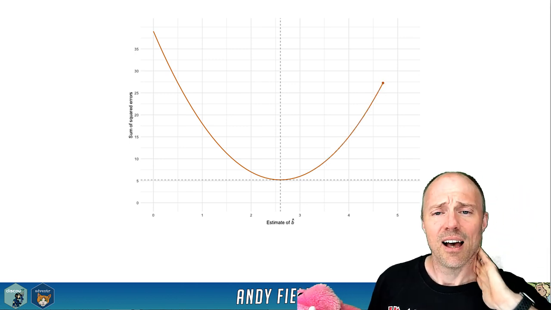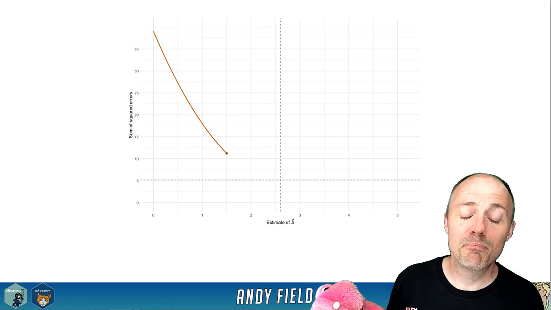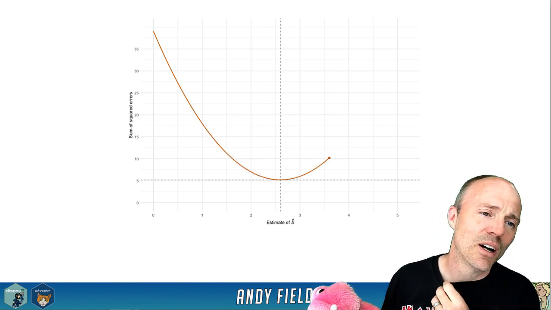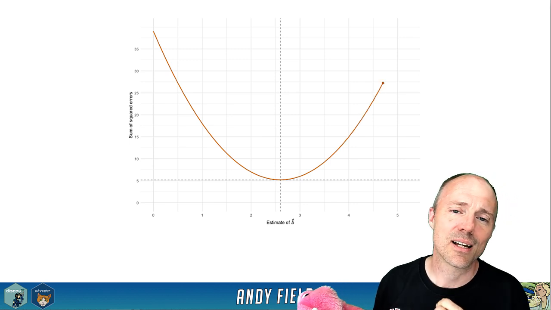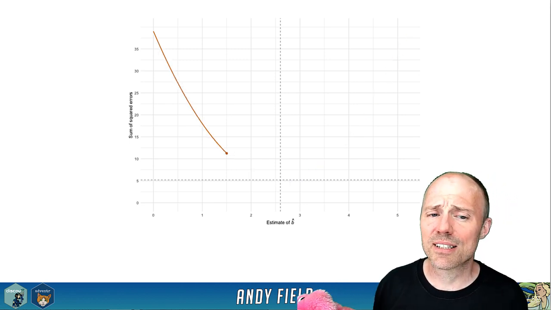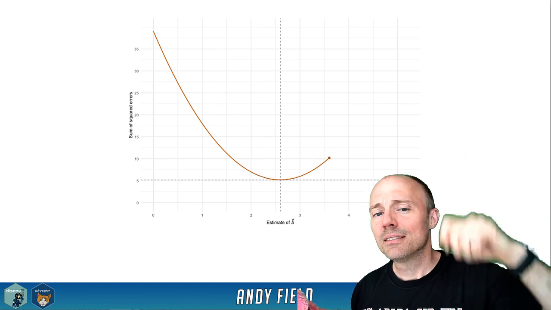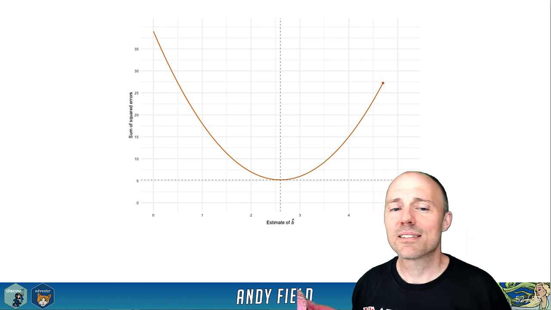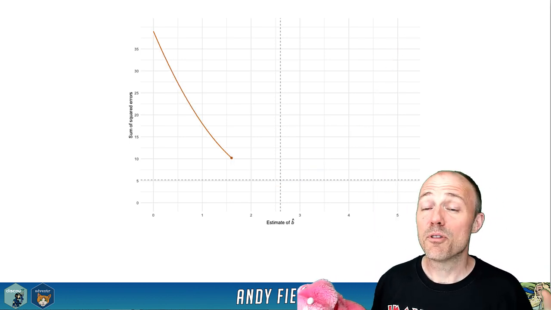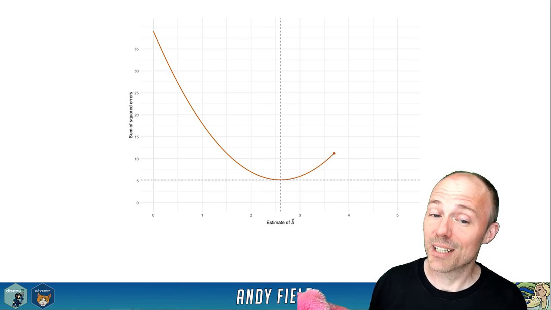This is a curve being drawn of every estimate of beta going from 0 up to 5, and on the y-axis it's telling us the sum of squared error. And as you can see, it has a characteristic curve. It basically curves down, reaches a minimum value, and then the error starts to come up again. So there is a value of the mean that is the minimum possible value given the data.